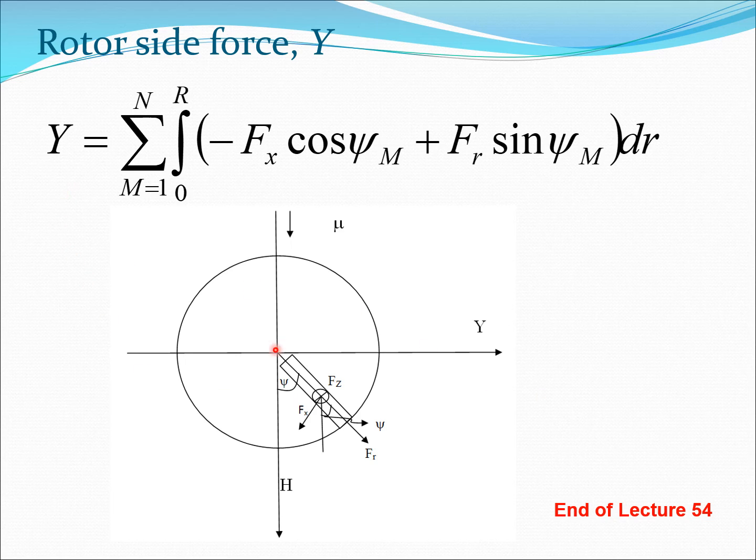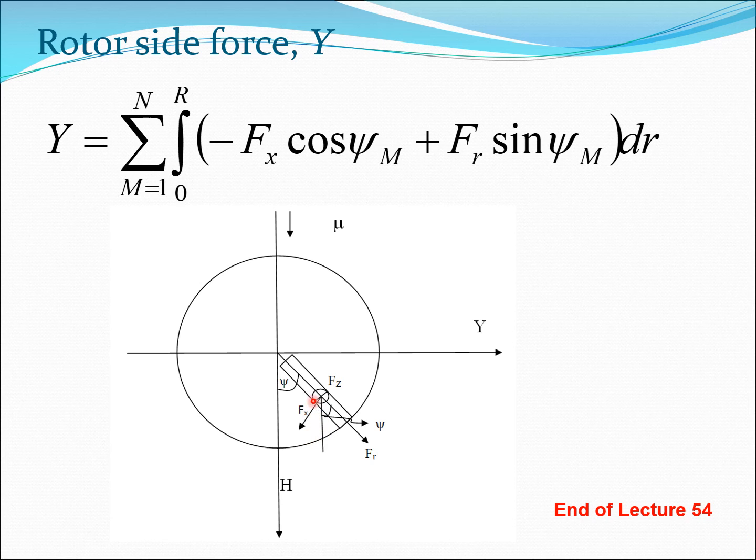So now we turn to the final rotor force Y. Again, to get Y, which is in the side force direction, we need to take the forces and resolve them along the Y direction. Again, recall that Fz is acting vertically, so that doesn't come into play. So I need to resolve Fx and Fr. Here the component of the Fr radial force would be in this direction, so that would be sine. So I will take Fr and multiply it by sine psi.